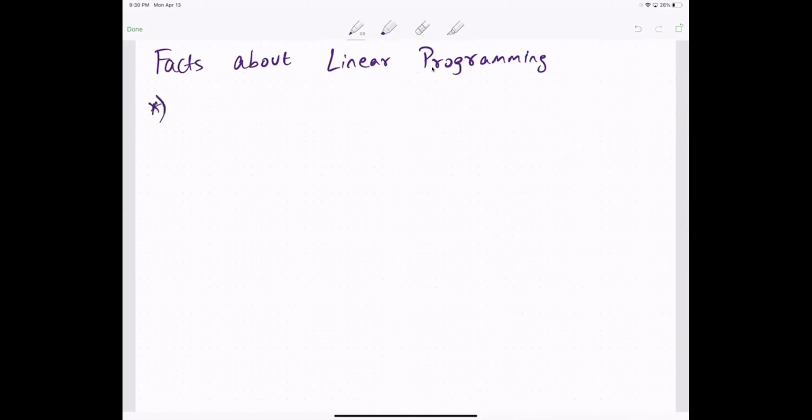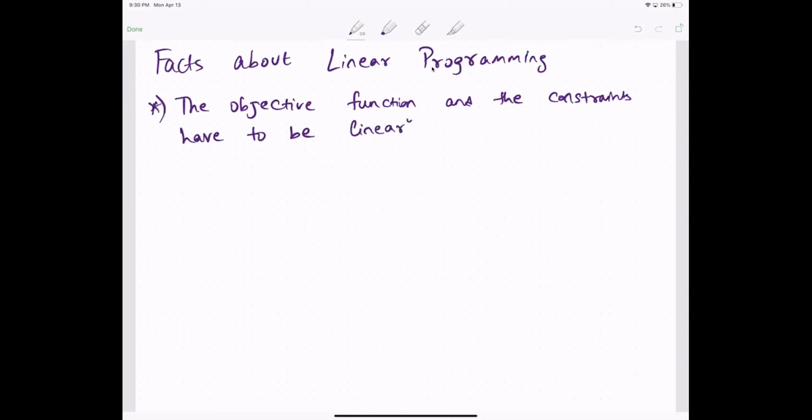The first fact that we need is that the objective function and the constraints have to be linear. They can't be quadratic equations or something. It should be a very nice linear function or a linear equation.